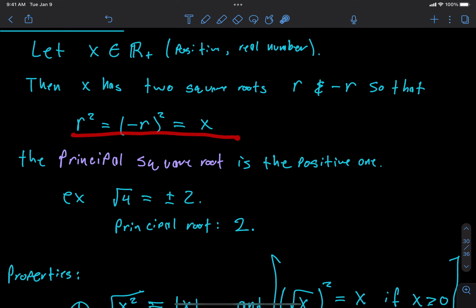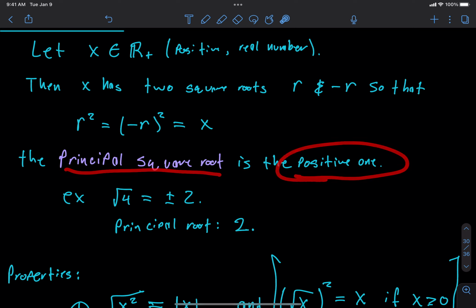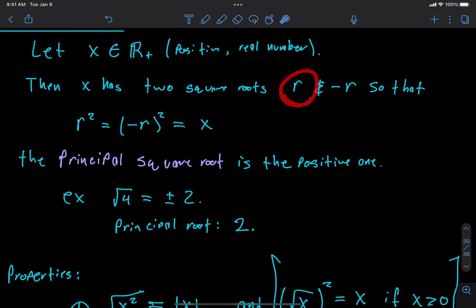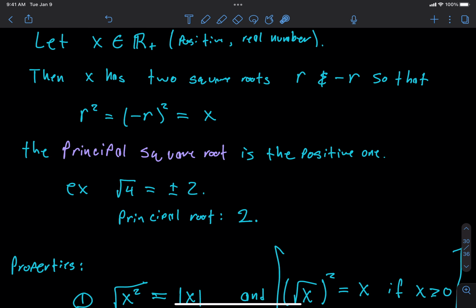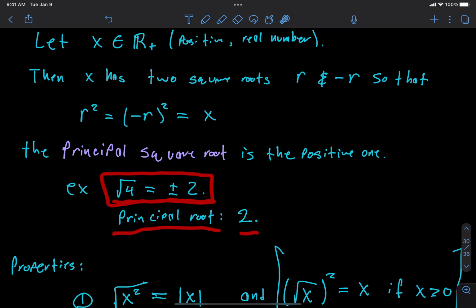So we have 2 square roots. But the principal one is the positive one, okay? So we only take positive numbers when we are talking about the principal square root. Okay, so for example, the square root of 4 is plus or minus 2, but the principal square root of 4 is 2.